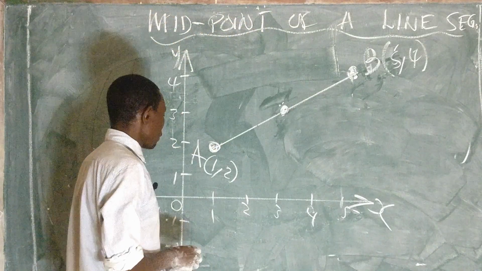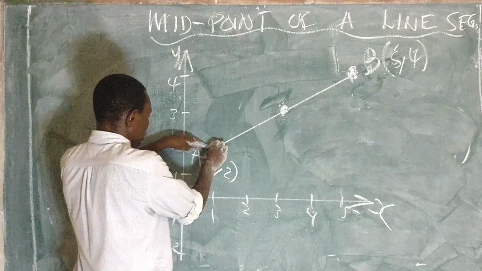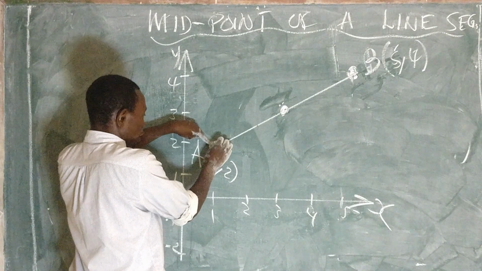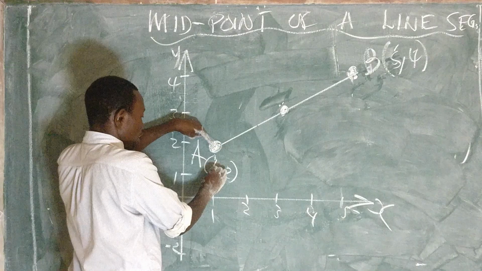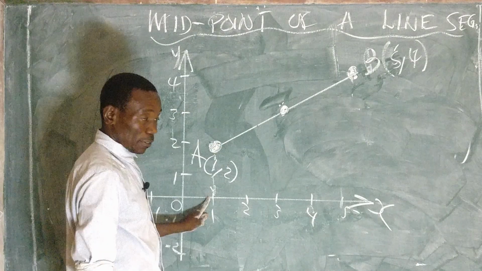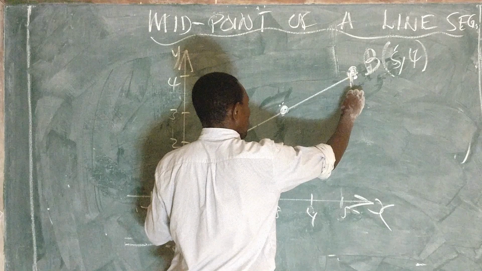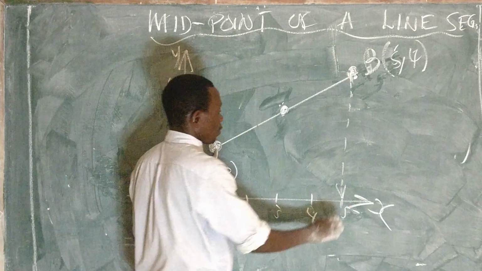Say, for example, if this is my starting point A, along the x-axis I know for sure this position here is x equals 1. The moment I'm here, x is what? X is 5.